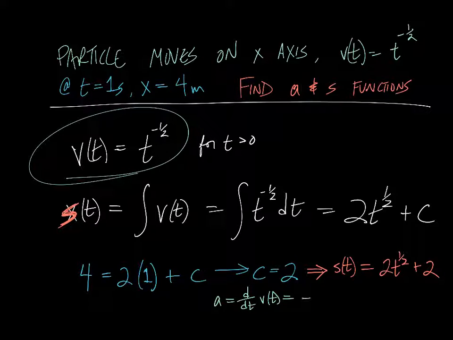So I'm going to have minus 1/2 t, and subtract another one from that exponent. So it's minus 3/2. If I wanted to get rid of all that mess, I could just write 1 over 2 times the square root of t cubed. So we've done our duty. Yay.